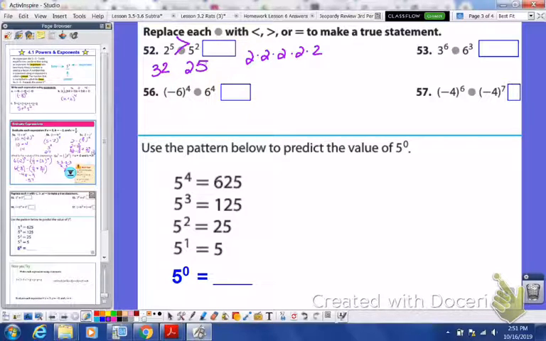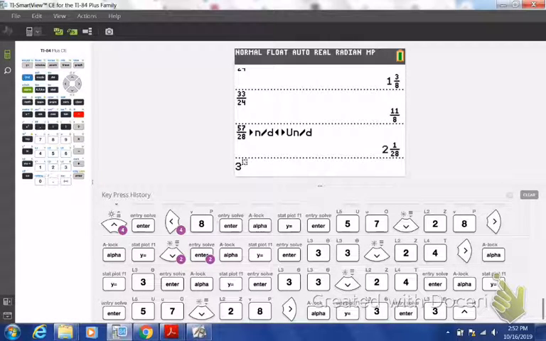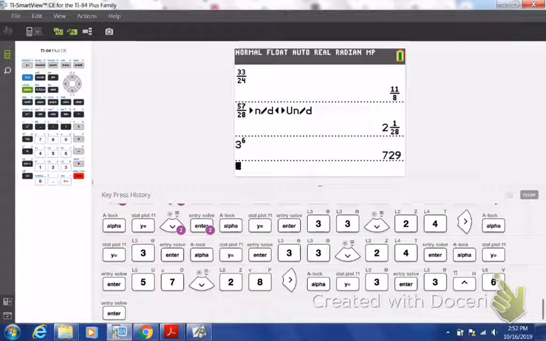Then 3 to the 6th versus 6 to the 3rd. I'm not sure what 3 to the 6th is, so if I go to my calculator, we would do 3, then this caret key, that's our exponent, so 3 to the 6th, and hit enter, is 729.